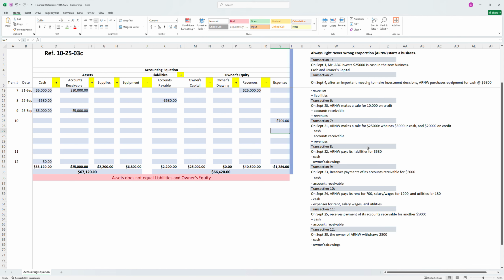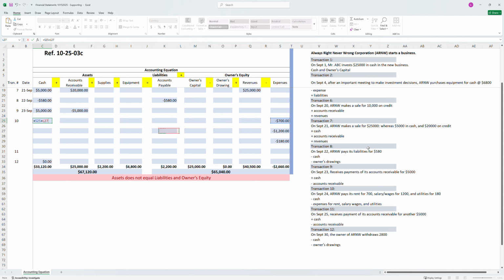So it goes under the expenses, and any expenses reduce owner's equity, and we also go on the asset side shortly. So minus $700, and then minus $1,200, minus $180. So a sum of it, because it's cash, we put it under cash.